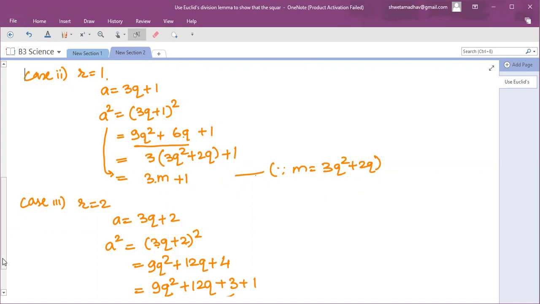Ma'am, but in the next question, there are many values for the remainder. No, wait. You are doing it with 3 only, not with 9. A is divided by 3, not with 9. Okay, ma'am. Because 3's cube is 27, and 27 is also divisible by 3. 9, sorry.